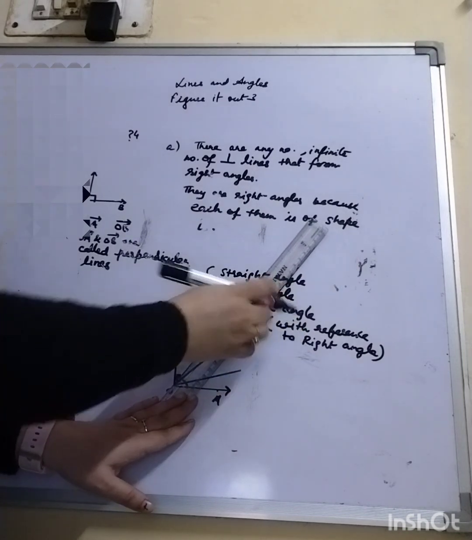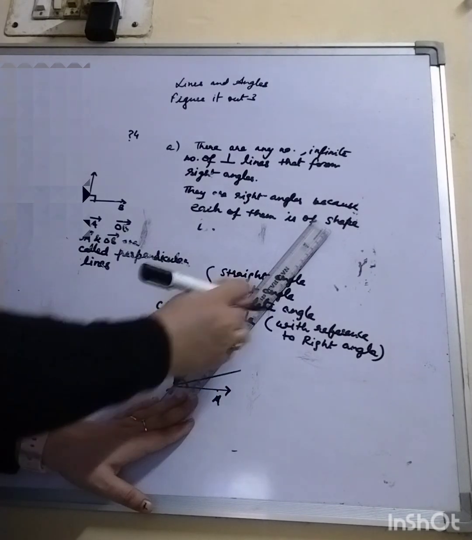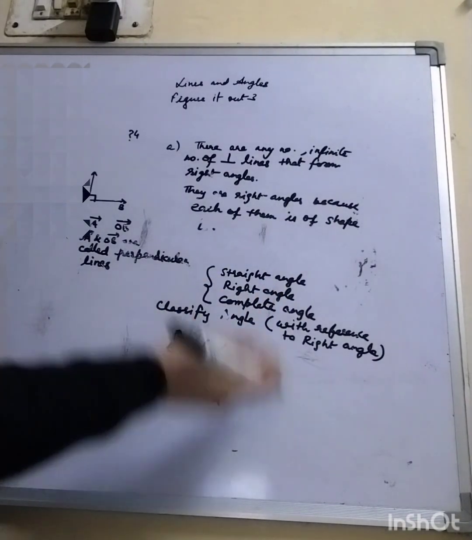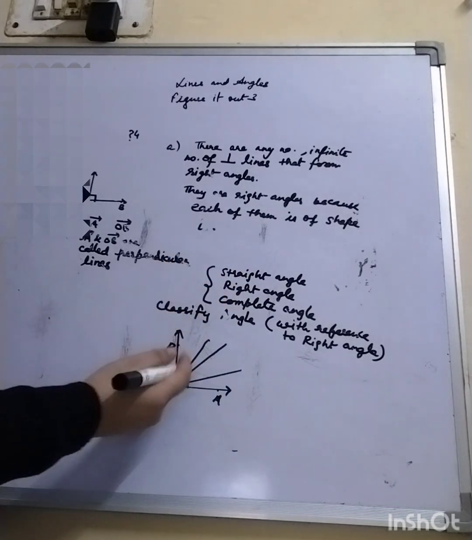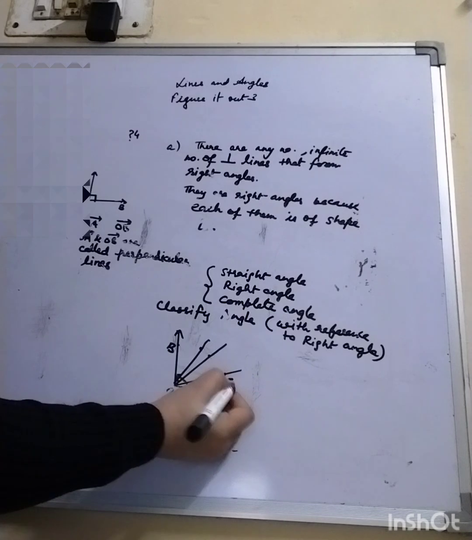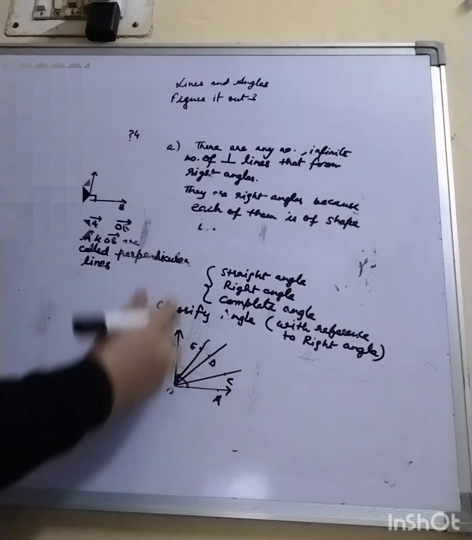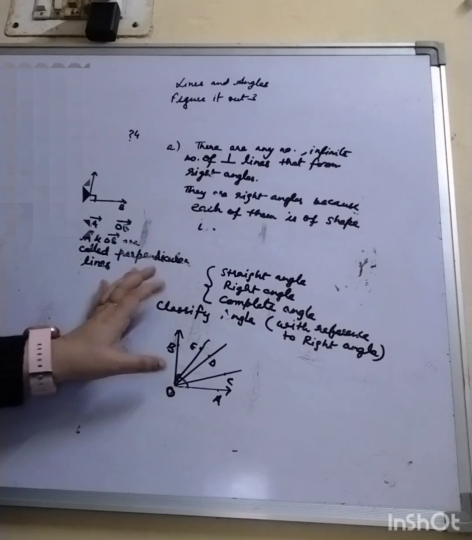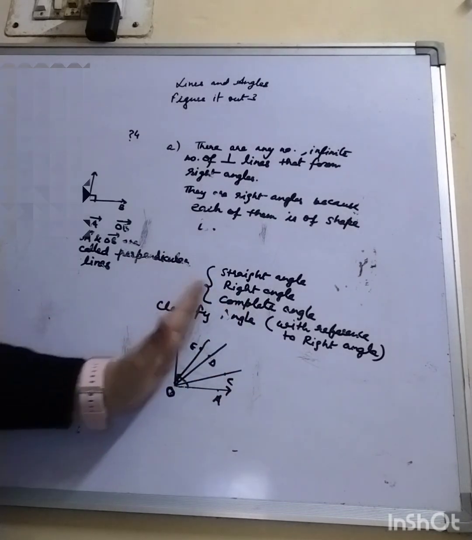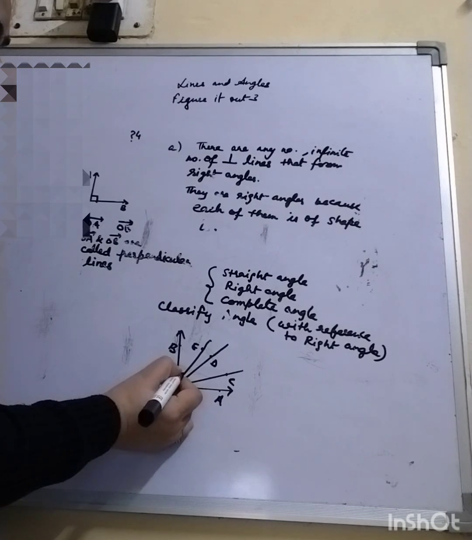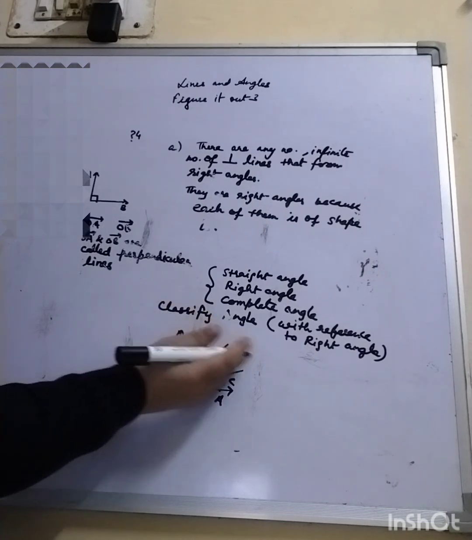If I turn it again, I will get another ray. Now all these rays are lesser than or right side of the OB.